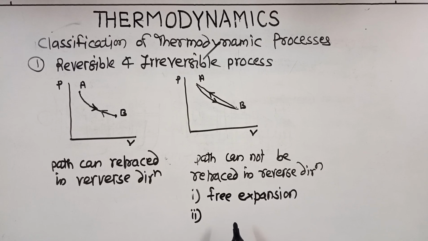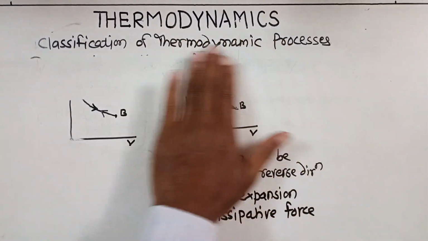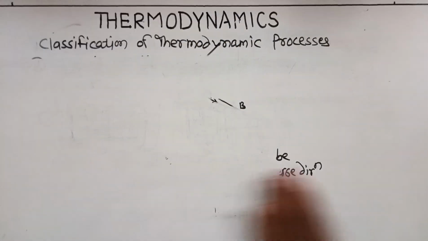And the second cause of irreversibility is the dissipative forces, like friction and viscosity. There are some permanent changes, and that's why the path cannot be retraced again.